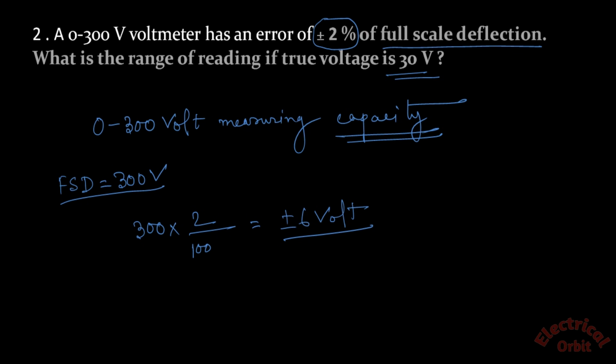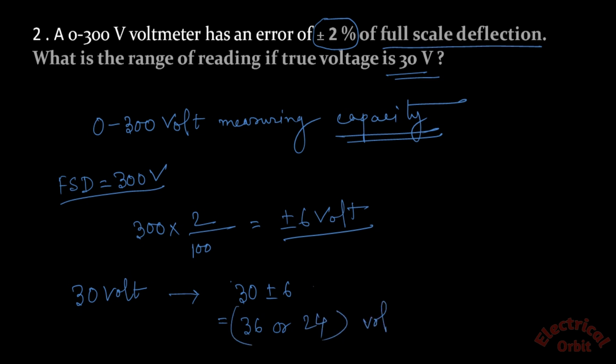So if the voltmeter is measuring a true value of 30 volt, then its range of reading will be 30 plus minus 6 volt. That is equal to either 36 or 24 volt. So the voltmeter will measure in the range of 24 to 36 volt.